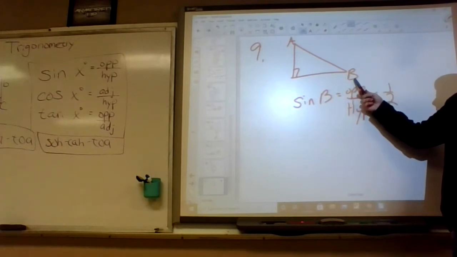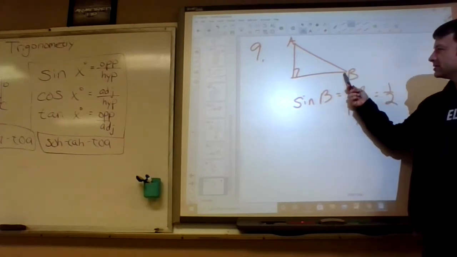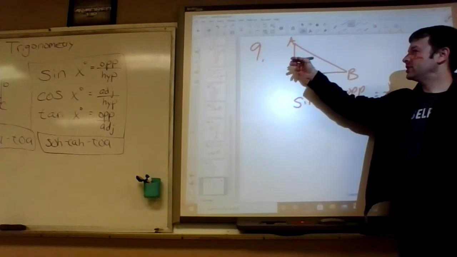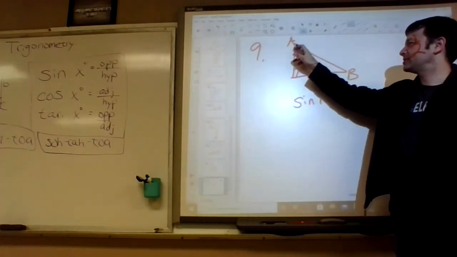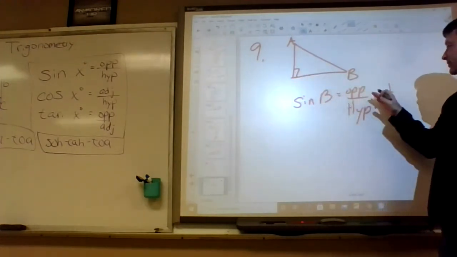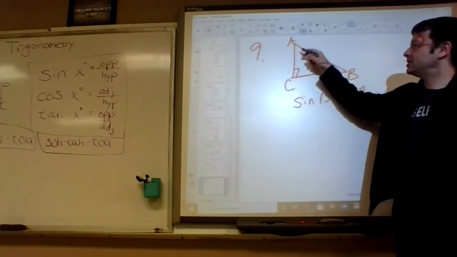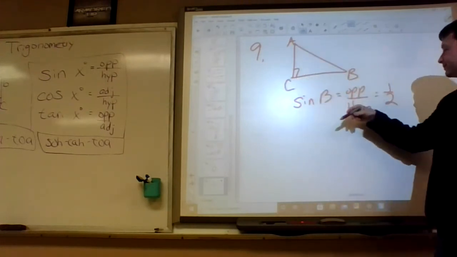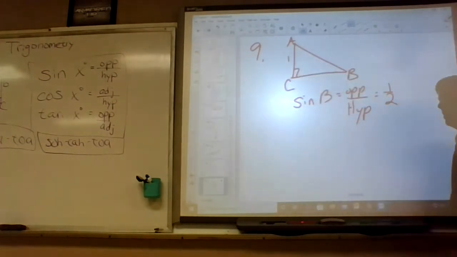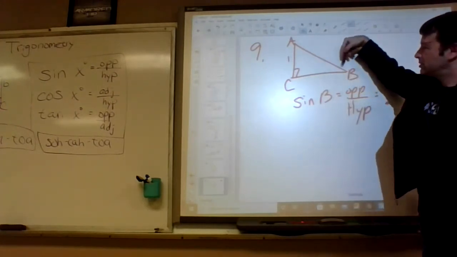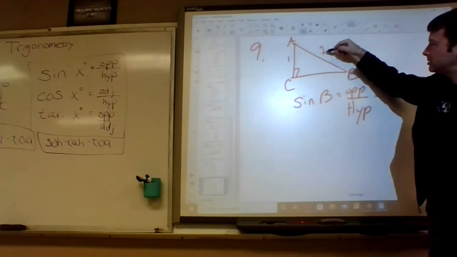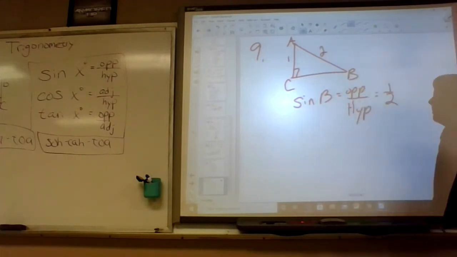What's opposite of angle B? Let's call it the left side. If I called this C, we would call it side AC. But anyway, our 1 goes there. And what's the hypotenuse? AB. There.